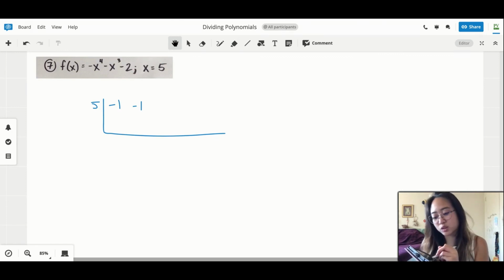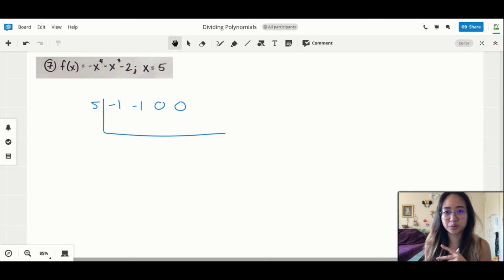So expect to put 2 zeros as placeholders for those missing terms. So again, we're putting 2 zero placeholders for the missing x squared and x term. And then that last number that we could put then is -2. So that covers all parts that we'll need, and we could go ahead and divide.